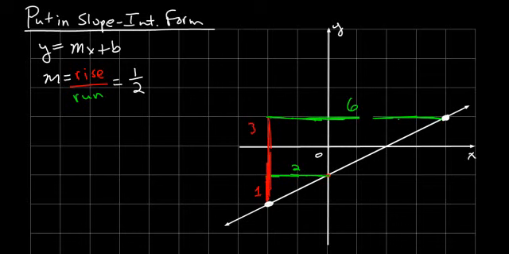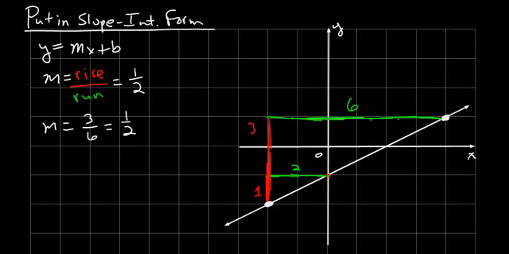So m equals rise over run, 3 divided by 6, which still equals 1/2. My point here is, it doesn't matter what 2 points you pick. Any 2 points you pick on that line are going to give you the same slope. Okay, so we have the slope.